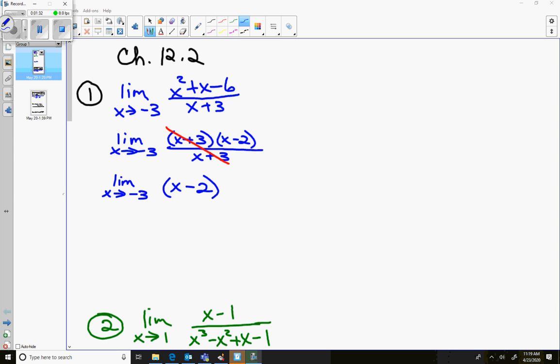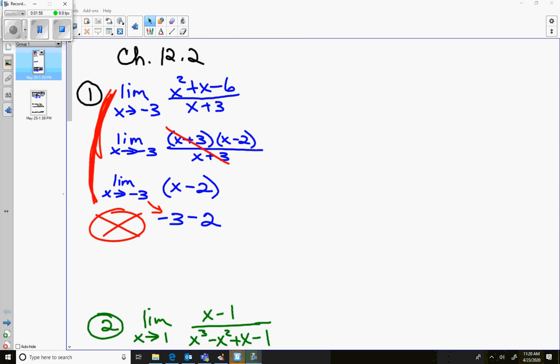Now, when you do this, do not write the limit as x goes to -3 anymore. Very, very particular about that. If you have not put that in yet, the limit as x goes to -3 needs to still be there. But the second you plug that value in, don't be writing limit as x goes to -3 anymore.